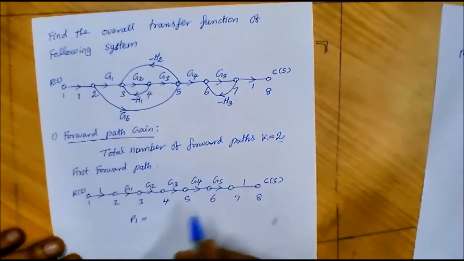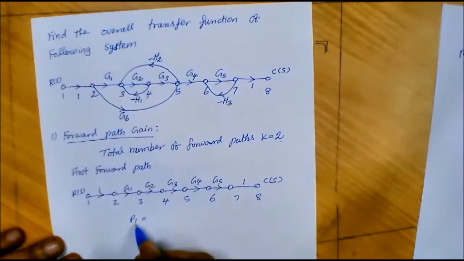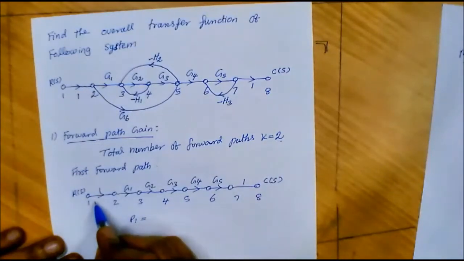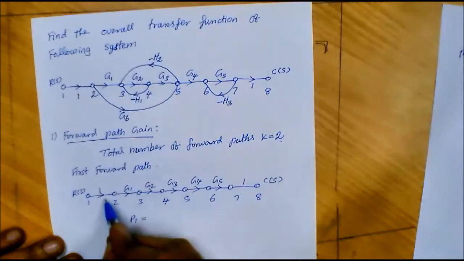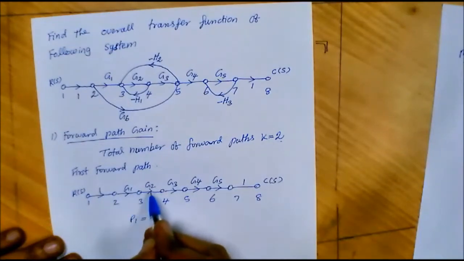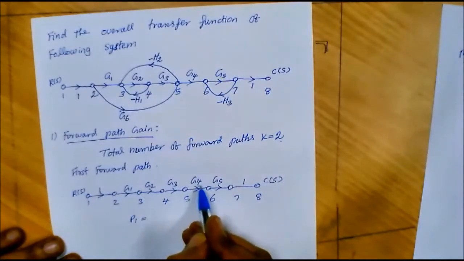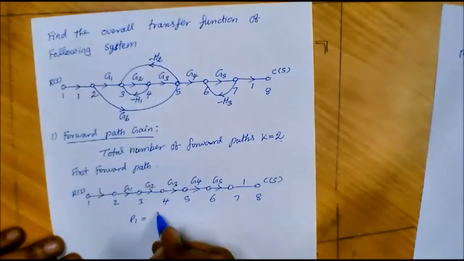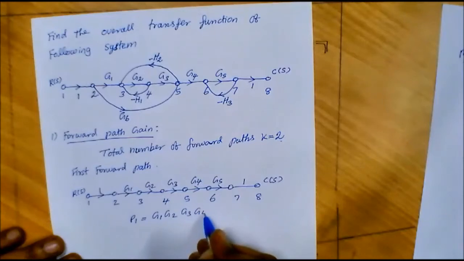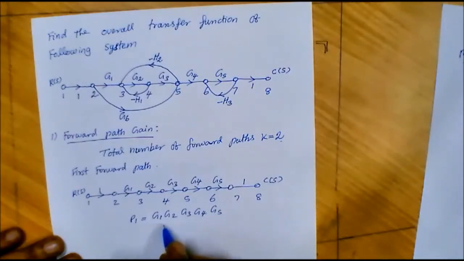P1 represents the gain of the first forward path. If you multiply all these gains, that is 1 into G1 into G2 into G3 into G4 into G5 into 1, we get G1 G2 G3 G4 G5. This is the forward path gain of the first forward path, so we represent it as P1.